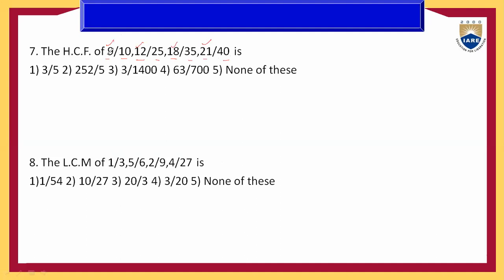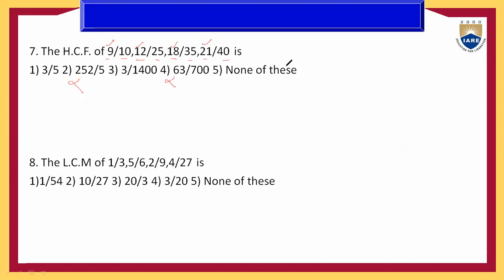The HCF is equal to the least value or lesser than the least value. So 63 is not equal to or lesser than the least value 9. So this is not the correct answer. Of the remaining three, this one is also more than that, 252. So remaining 2: 3 by 5, 3 by 1400. 3 divides 9, yes. 3 divides 12, yes. 3 divides 18, yes. 3 divides 21, yes.